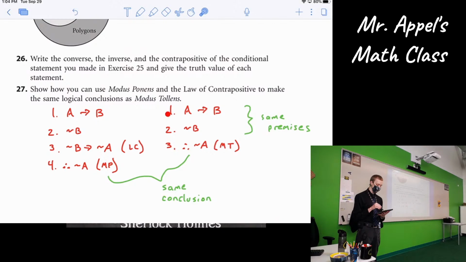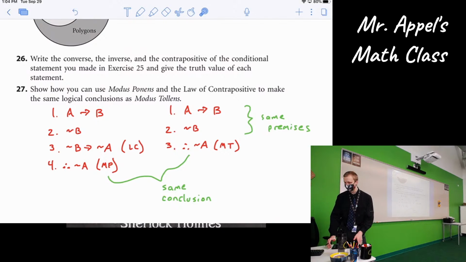So from the same premises, I get the same conclusion. Therefore, these two arguments are logically similar, congruent, there's another word there. Equivalent, I guess they're logically equivalent, right? They get to the same place from the same starting point. The exact path you took didn't make a difference. So again, that's one way you could show that if you wrote it out in more words. That could work as well.